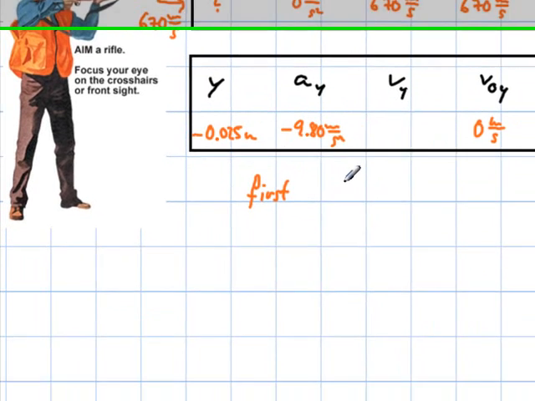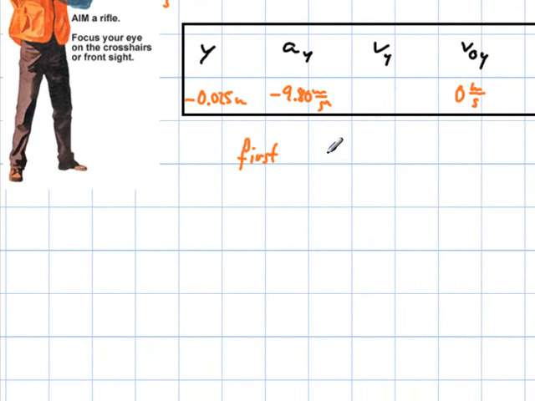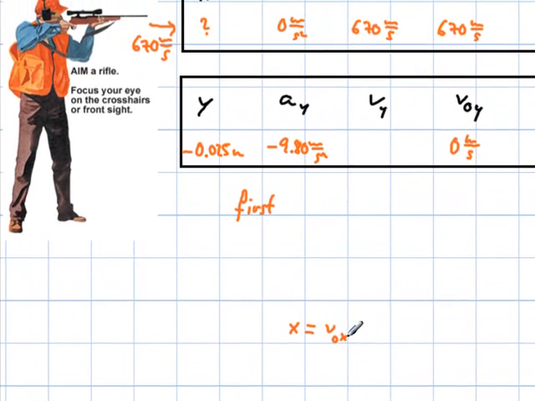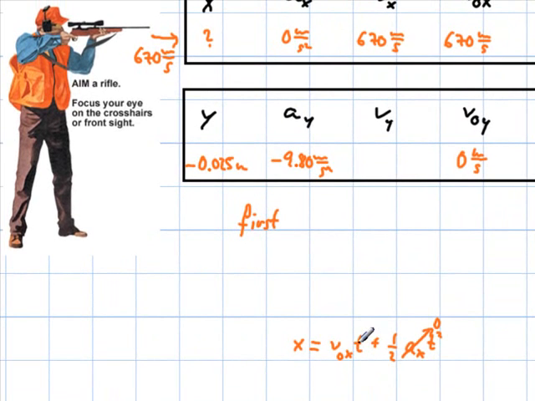The best one we can do is that we say, well, x equals v0x t plus 1/2 a_x t squared. This one here is 0. Check up here. But here we don't know the time, so we can't calculate the x. So we have to do something else first, and that's where the second part comes into play.